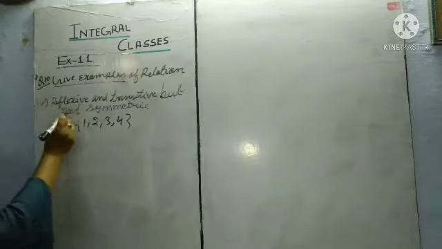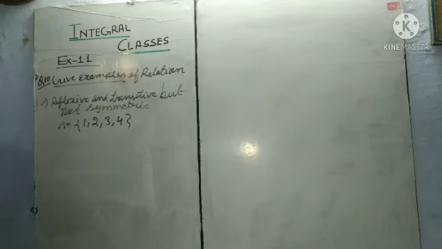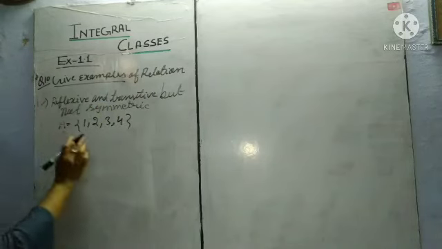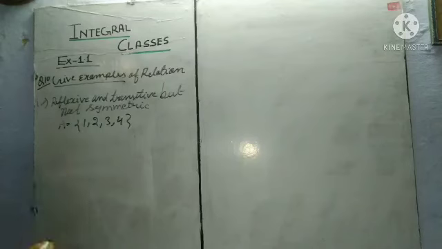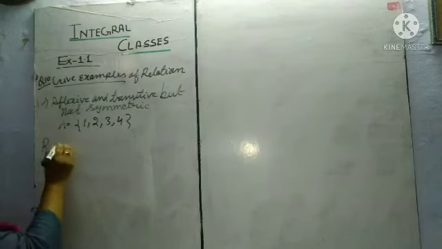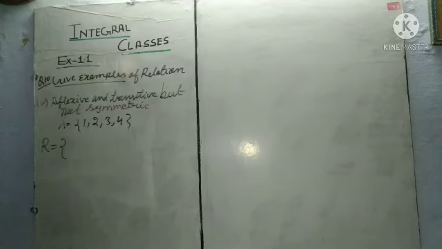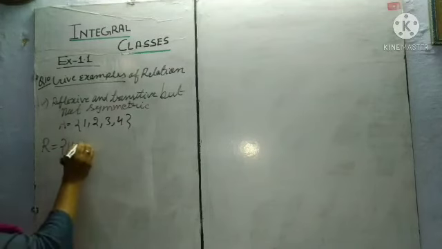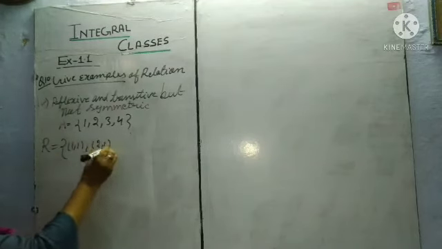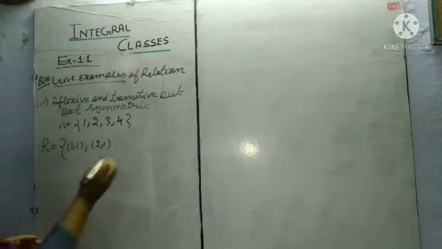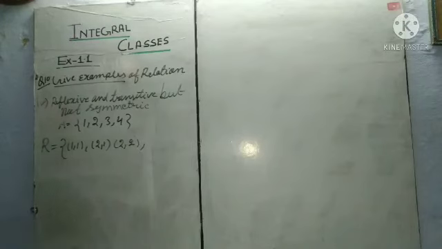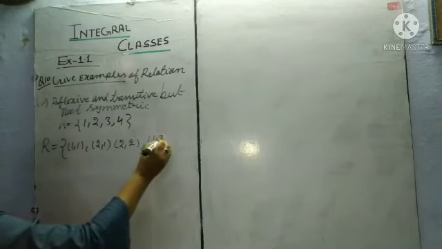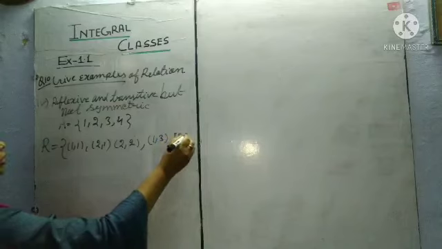Number 4 is reflexive and transitive but not symmetric. Now we will take set A as in our previous question, A is 1, 2, 3, 4. We will write the relation between them as 1, 1, 2, 1, 2, 2, 1, 3 and 2, 3.